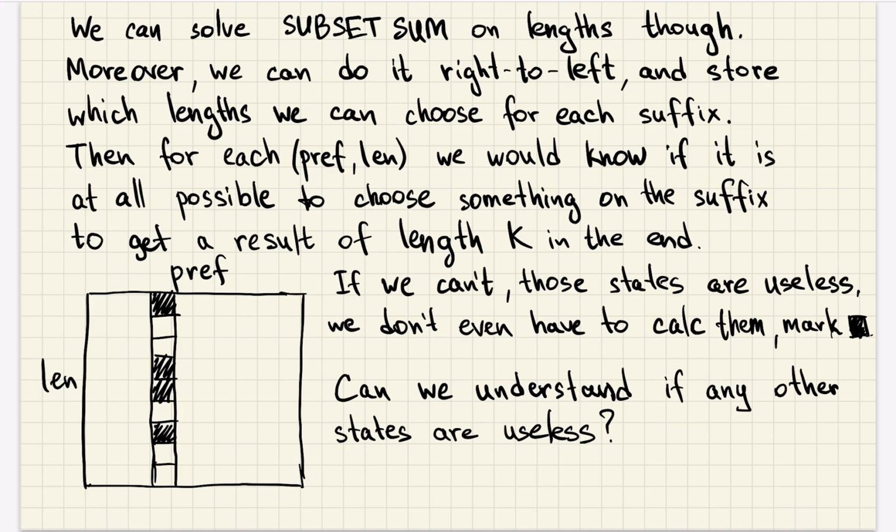And if it is not possible, we can just ignore those states, because it is impossible to update the answer using them. So we don't have to make transitions from them, we don't even have to make transitions to them. They're totally useless. We can just ignore their existence.